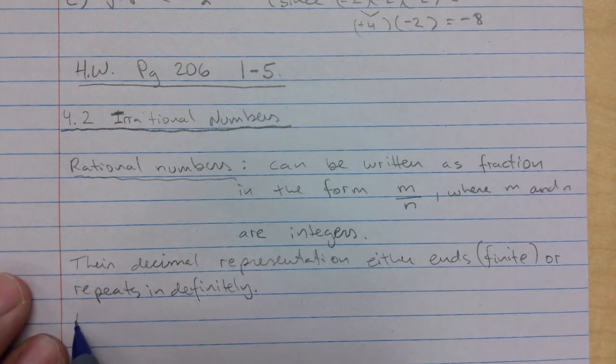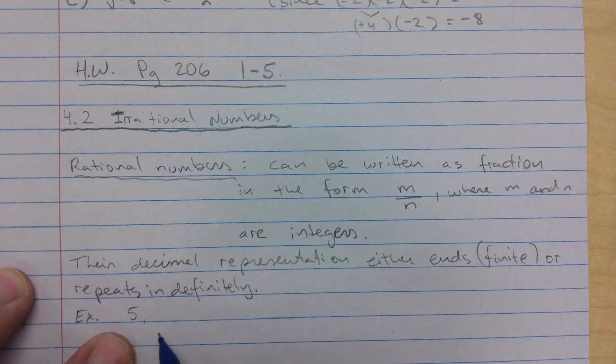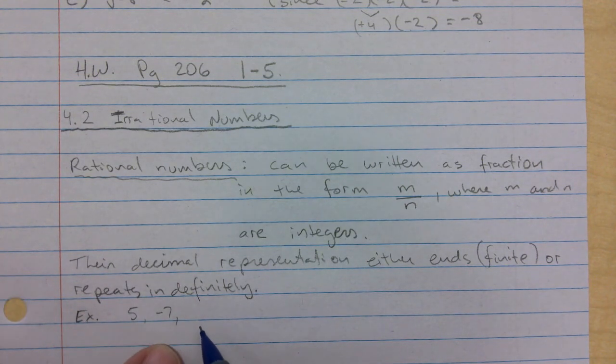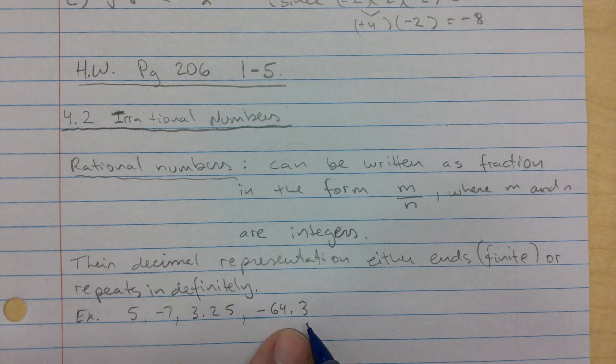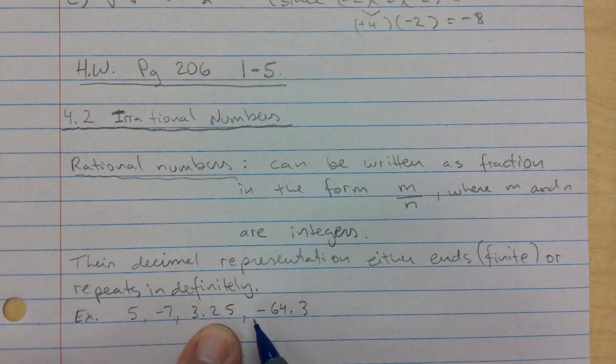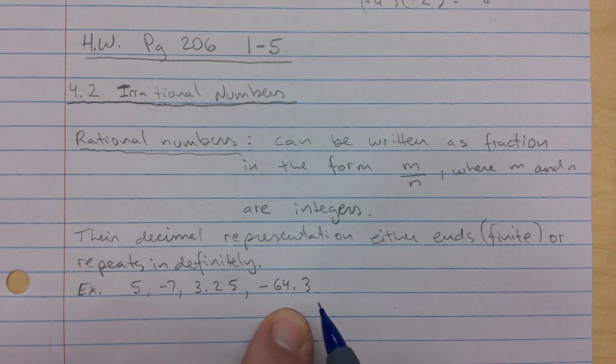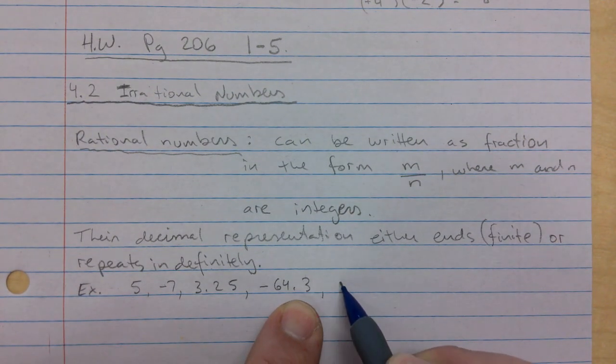Okay, so examples. 5, like whole integers are definitely all rational numbers. 3.25, that ends, right? Negative 64.3, it ends, right? You can tell that it ends here, so definitely a rational number. 4 over 5, would that be a rational?